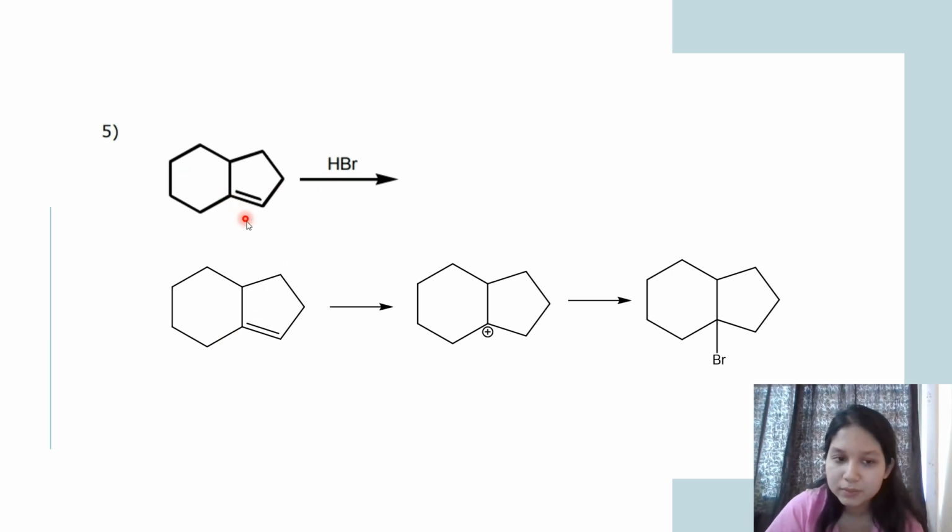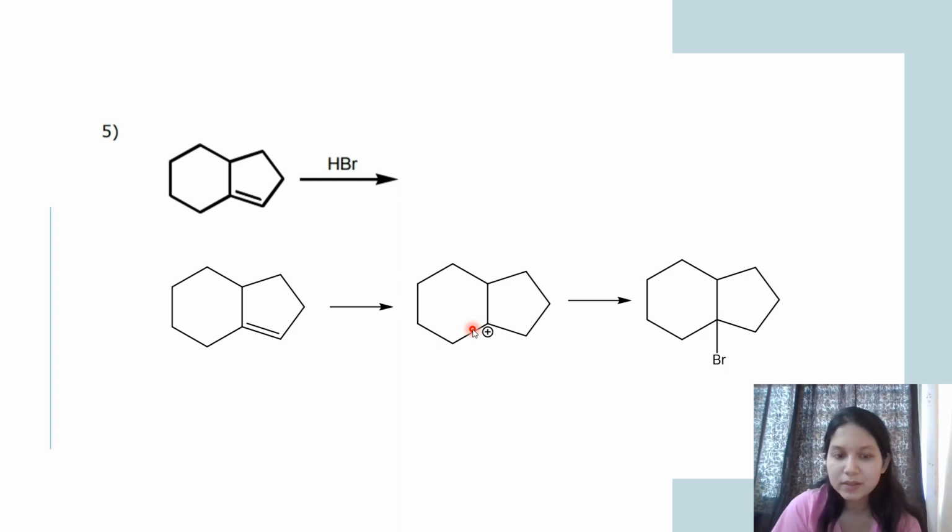This double bond, being nucleophilic and electron rich, will first extract a proton from hydrobromic acid. So taking up the acidic proton, the bromide will get knocked out and you get a positive charge at this position. You get this tertiary carbocation eventually.